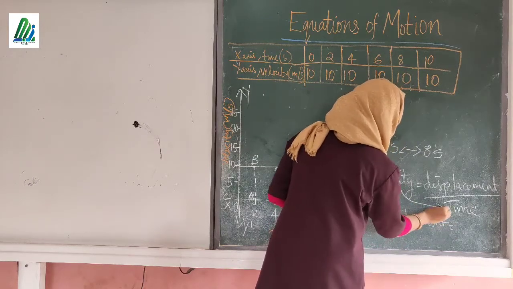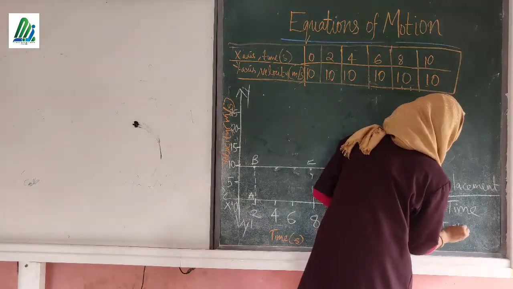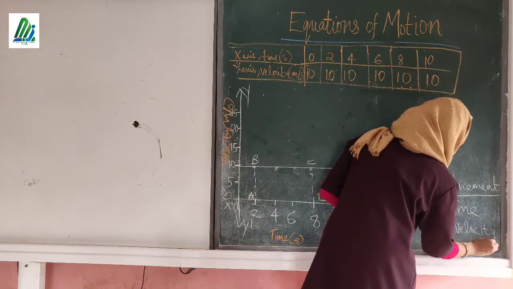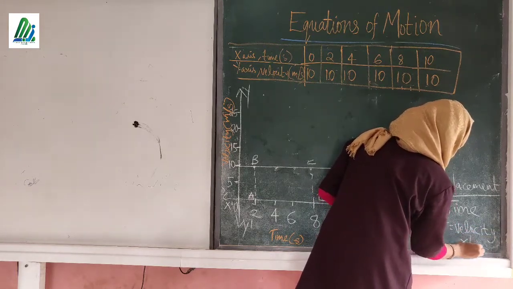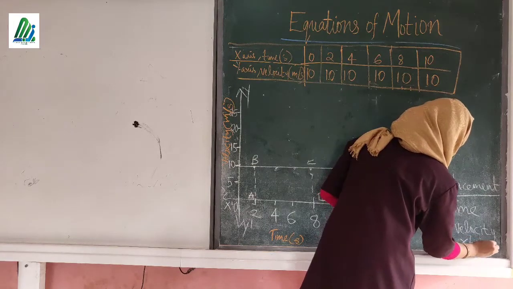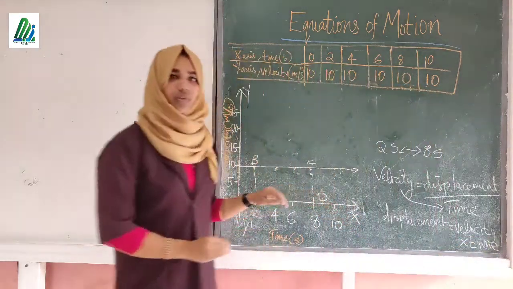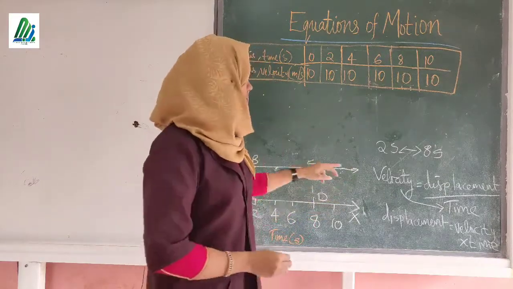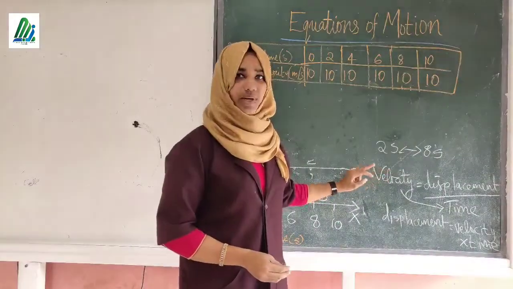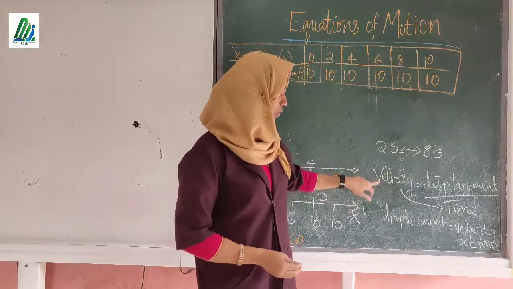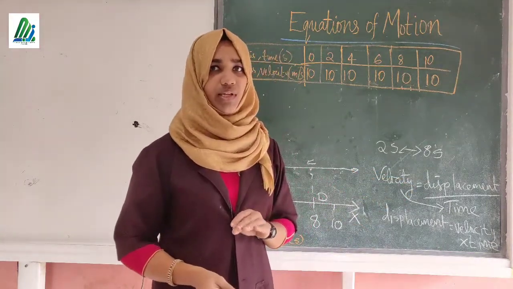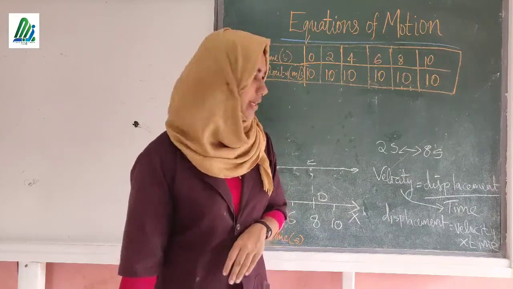By cross multiplying, we get displacement is equal to velocity into time. Is it clear?